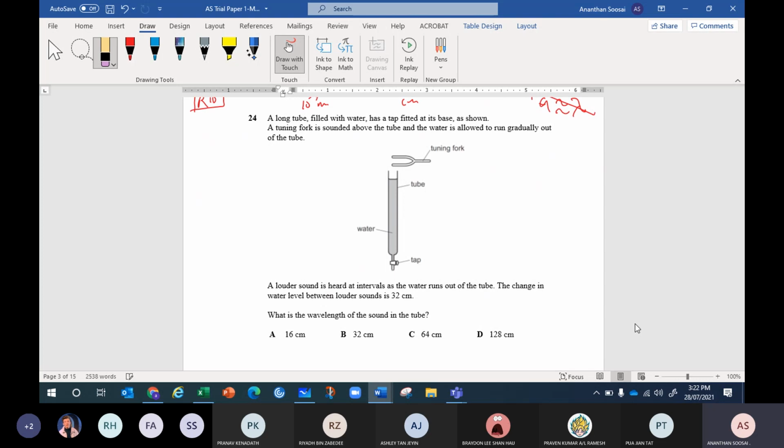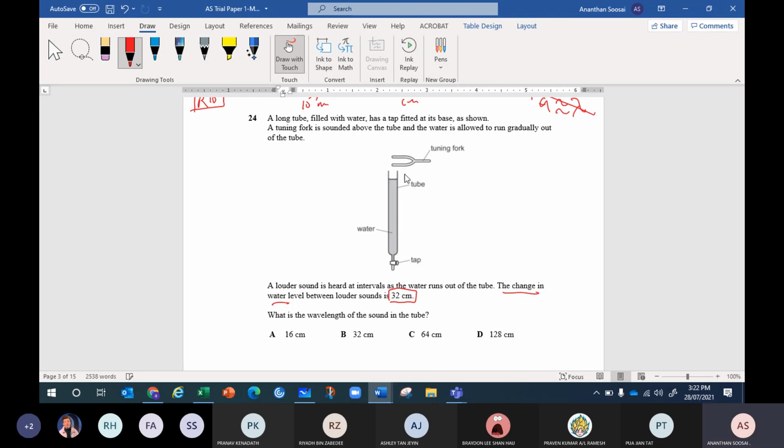The change in water level between the louder sounds is 32 cm. Oh, this is the key point: the change in the water level. The difference between two loud sounds, the length is 32 cm.